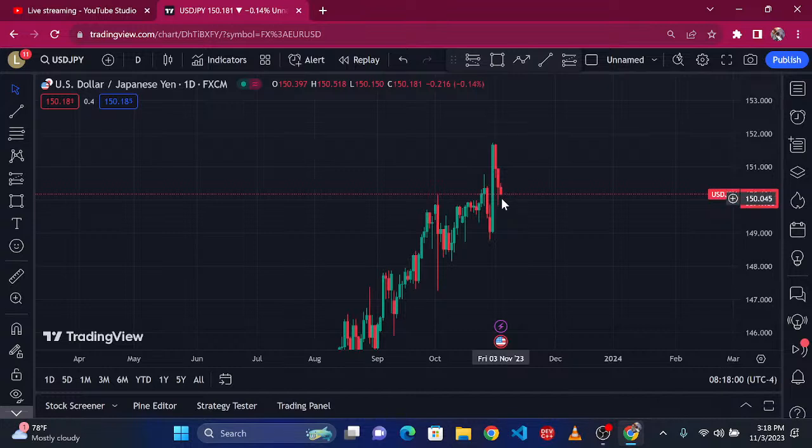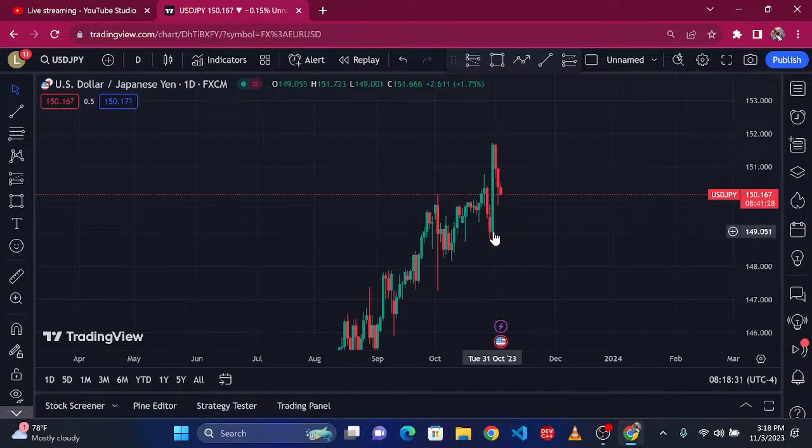So I'm not thinking this USD JPY will still sell when it has been selling for 3 days. It's probably going to buy because it had a strong buying momentum on, was it Monday, Tuesday. If you look down here, you can see that this is Tuesday.